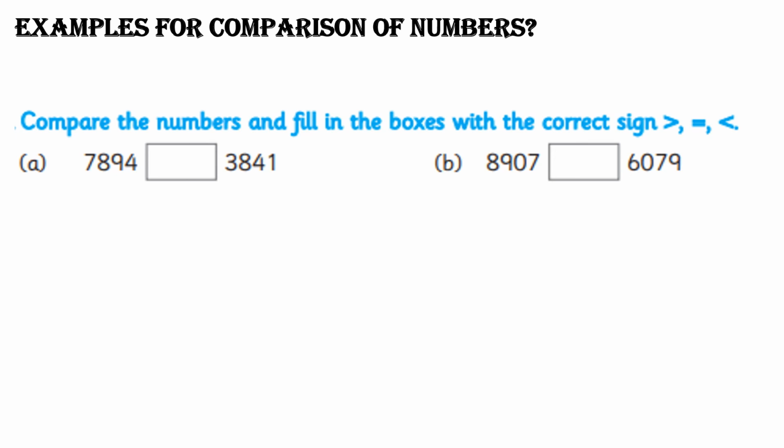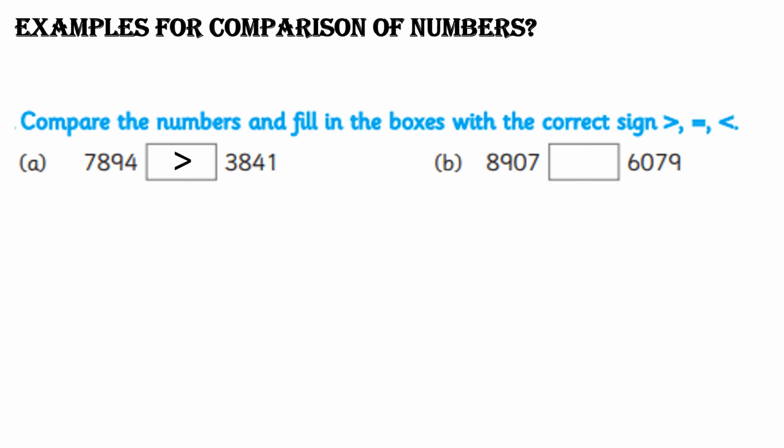So in the first number, the leftmost digit is 7, while in the next number, the leftmost digit is 3. So 7 is more than 3, which means 7894 is more than 3841.